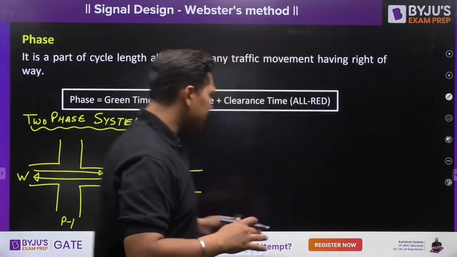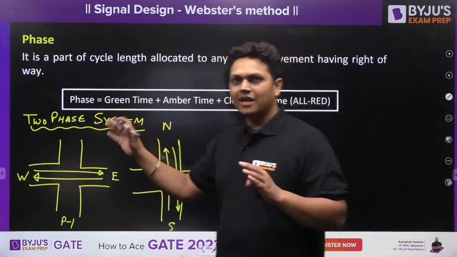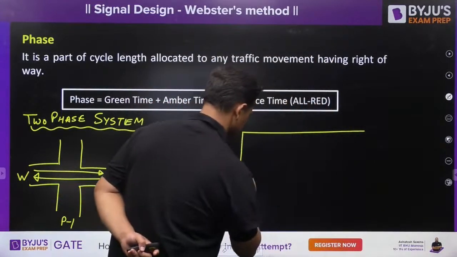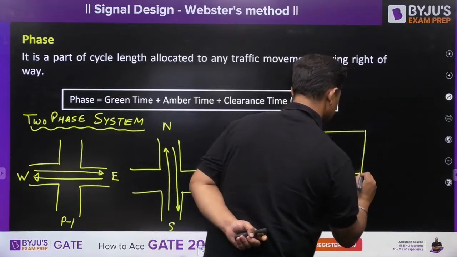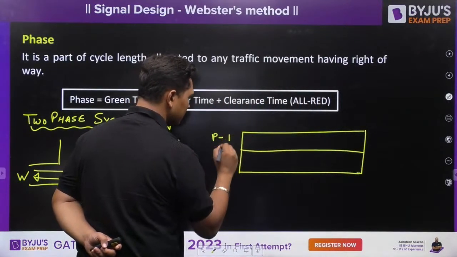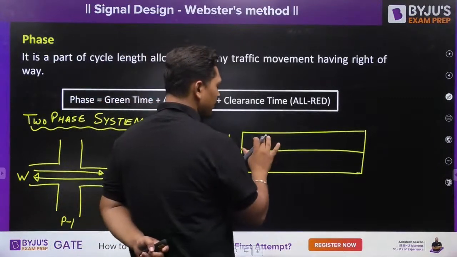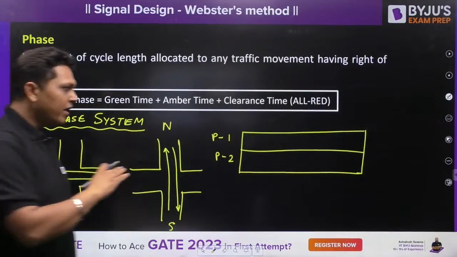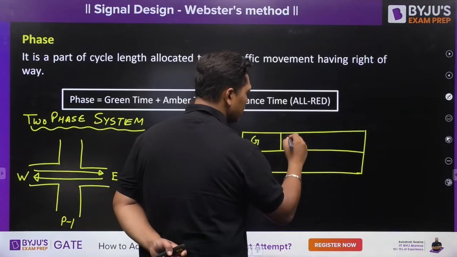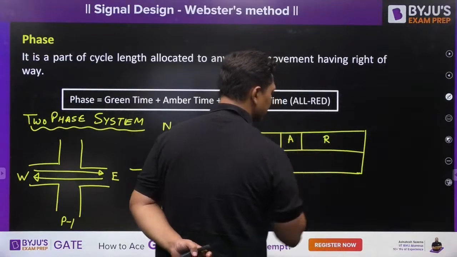Now, let us first indicate how the traffic lights will look in a two-phase system. This is corresponding to phase 1 and this is corresponding to phase 2. In phase 1, when you have a green light, after green light you will get amber light, and after amber light you will again get red light.